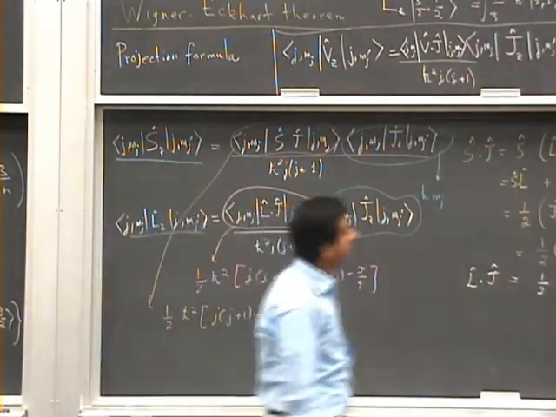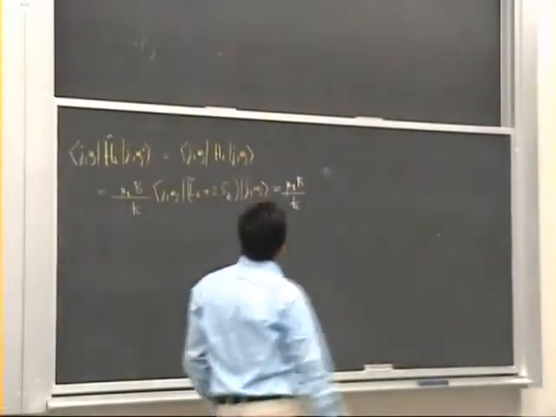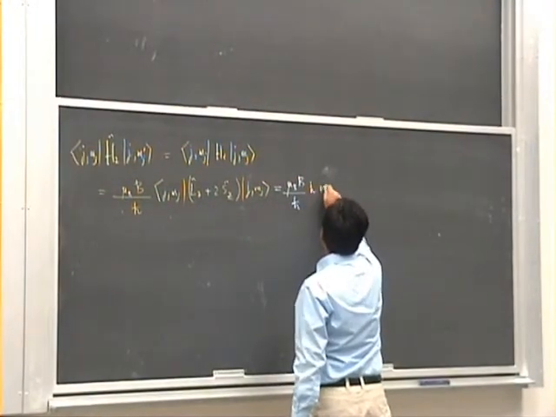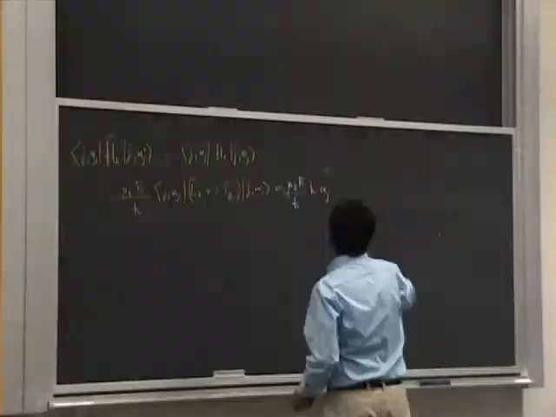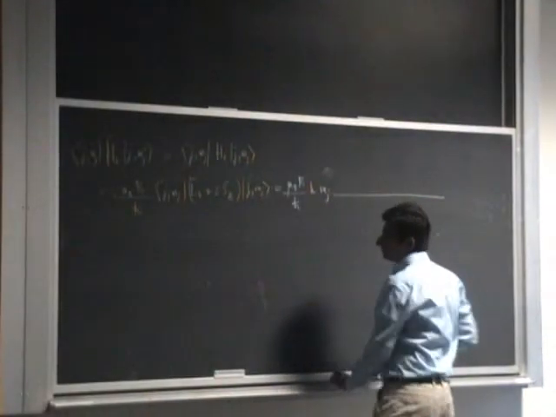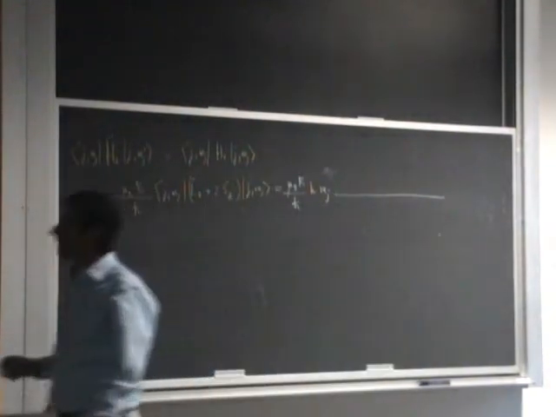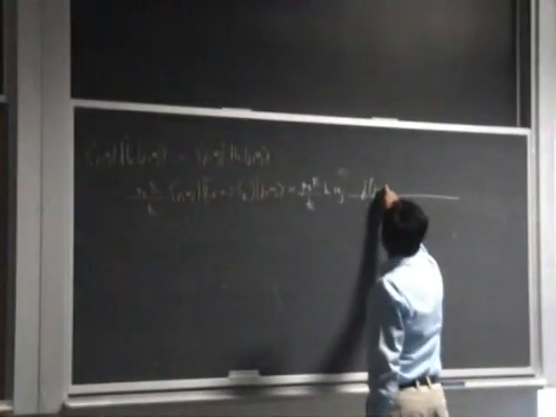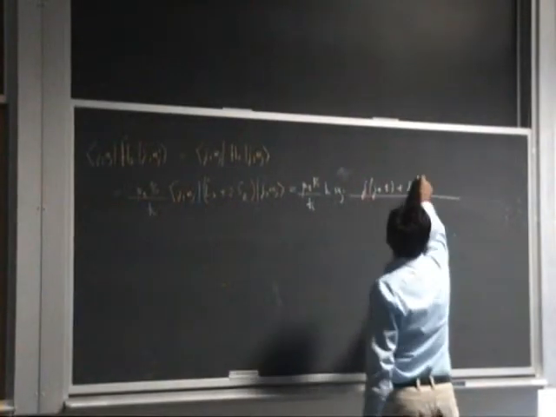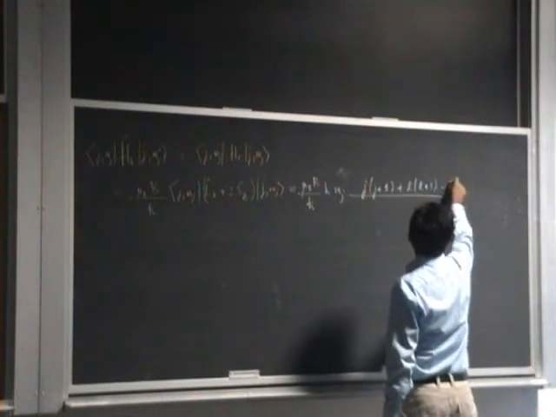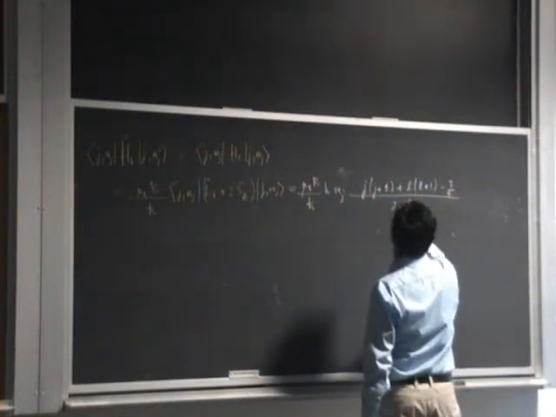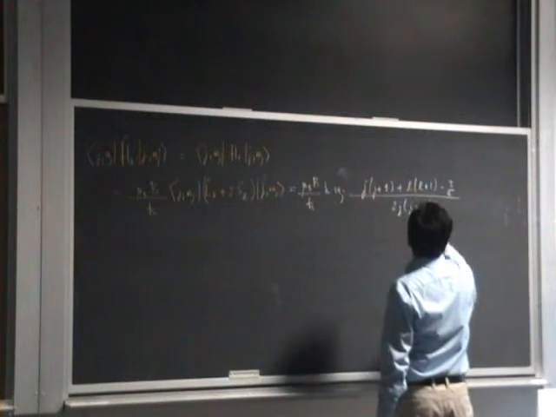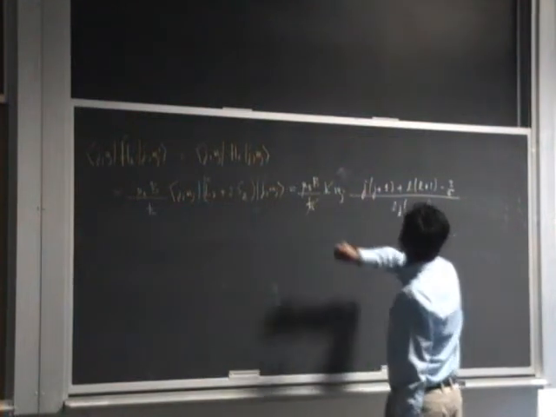So I get an ħ mj, and on top of it, I get J(J+1) plus L(L+1) minus 3/4, and I get 2J(J+1) here.